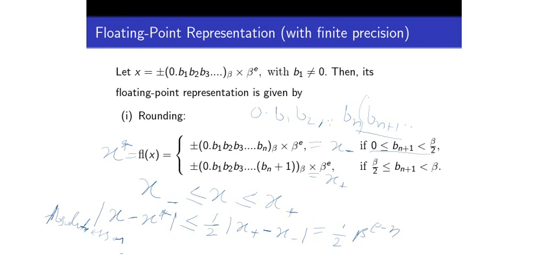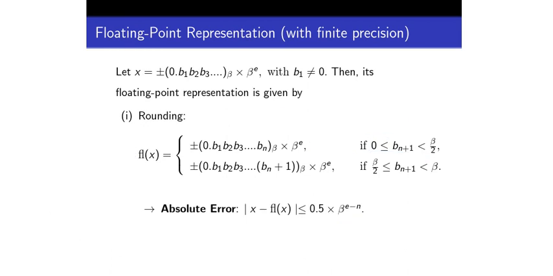Now for relative error, what you will do is, this is the absolute error, and for relative error you are going to divide both sides by mod x, the length of x. What is mod x here?